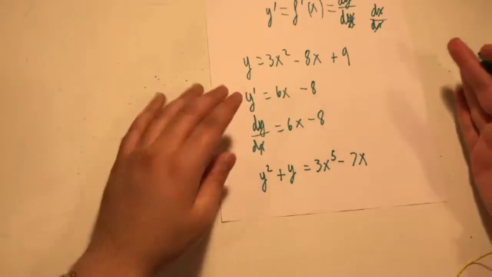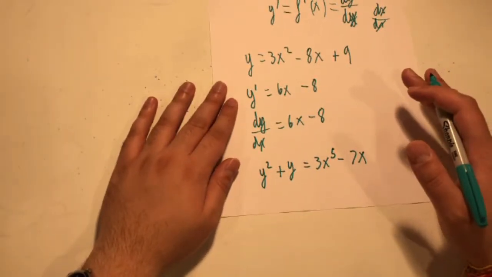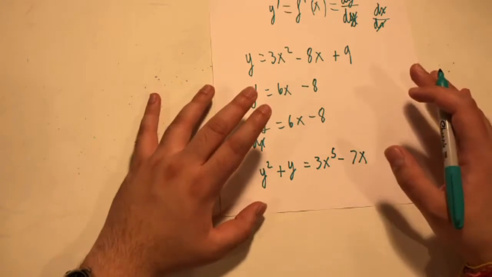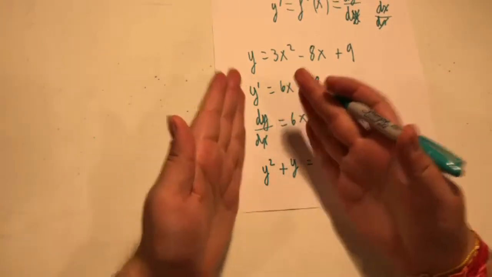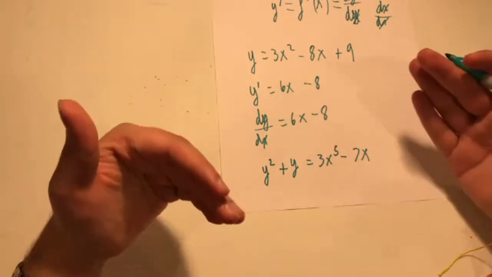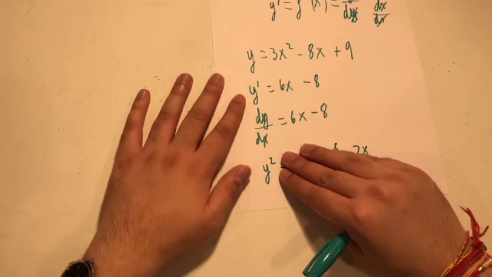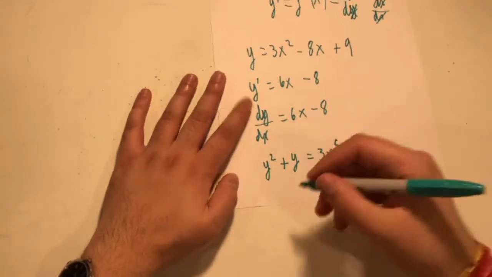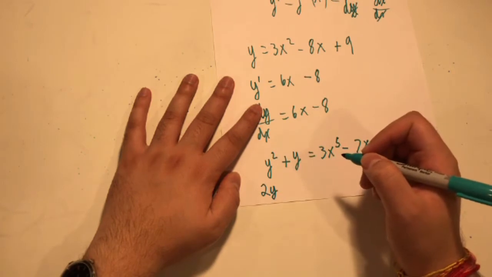We go through the problem taking the derivative the way we normally would, but now we're doing it with two variables, right? y is a variable and x is a variable. So let's look at this side first, the y's. y is its own variable. So when you take the derivative of y squared, the power rule says I'm going to have 2y.